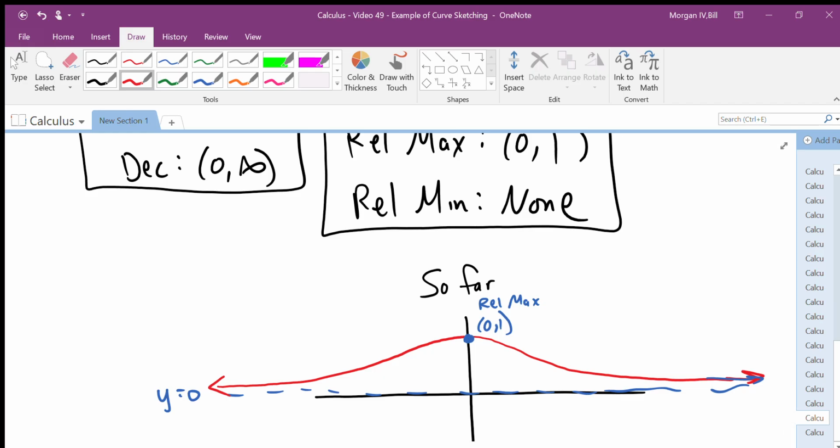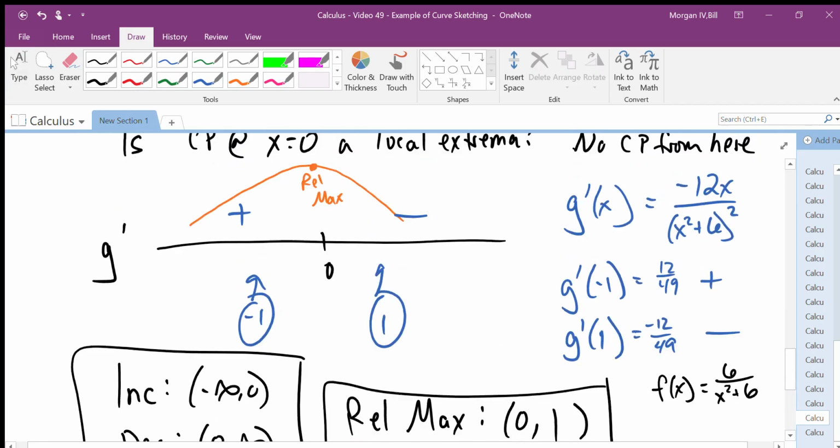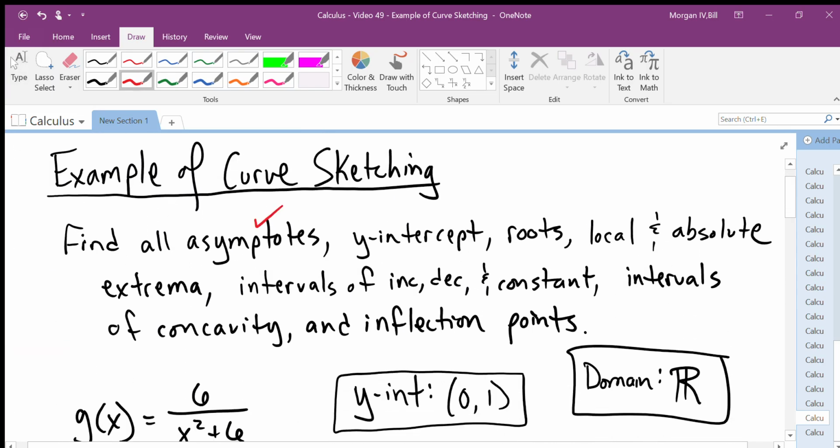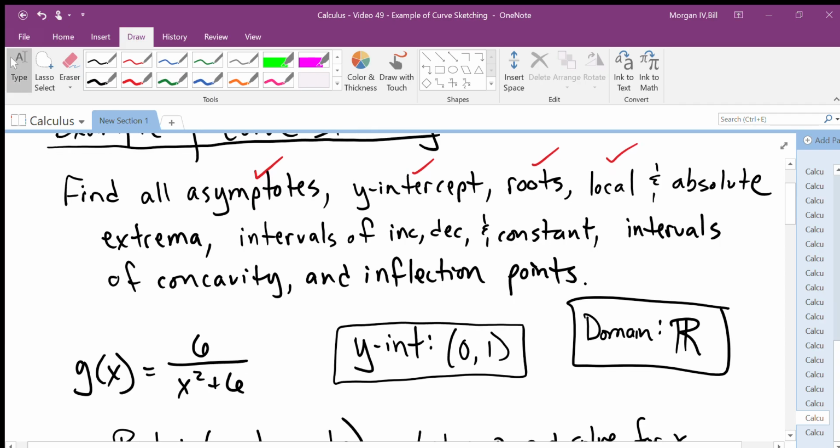Okay, let's find more information. Let's go back up to the top. We have found all the asymptotes, vertical, horizontal, slant if there was one, but there's not. A y-intercept and roots. We've got the local extrema, and we have not done absolute extrema. If you remember, for the absolute extrema, you have to check the relative or local extrema, and we have to check the endpoints.